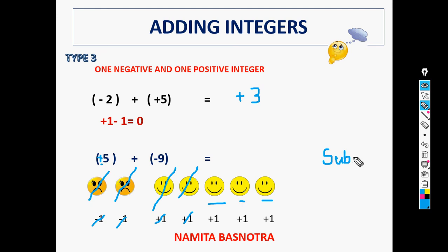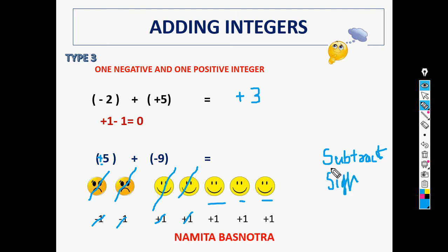Then, out of the two, we look at only the number, not the sign. So two things are there. The number you get by subtracting, and then the second thing we have to see is what sign will come. These are the two things that you have to see while we subtract.